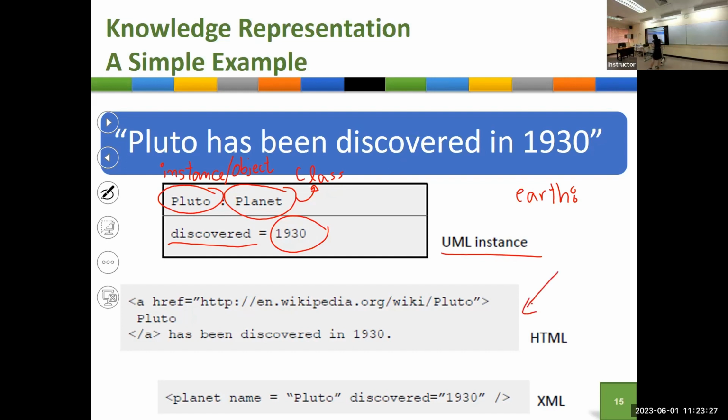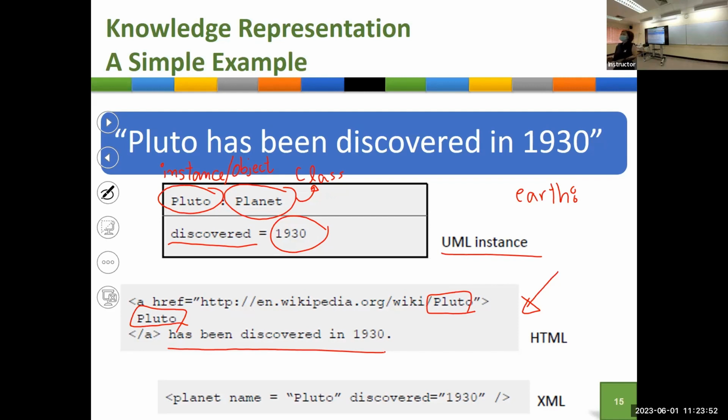The second way is HTML. As we already discussed, it's not really easy for machines to understand. It just represents that there is Pluto, maybe with a link to Wikipedia and also a text saying that it has been discovered in 1930.